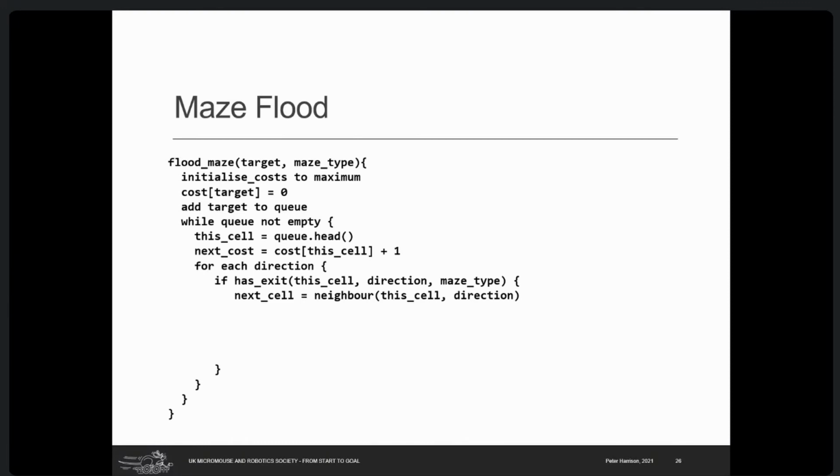So you work out what the neighbor address is, and then we say, if the neighboring cell looks more expensive than our current next cost, we just replace it. And then we add that cell to the queue, and that's it, done. Right? It'll loop back round. As long as there's any cells left, we haven't finished.